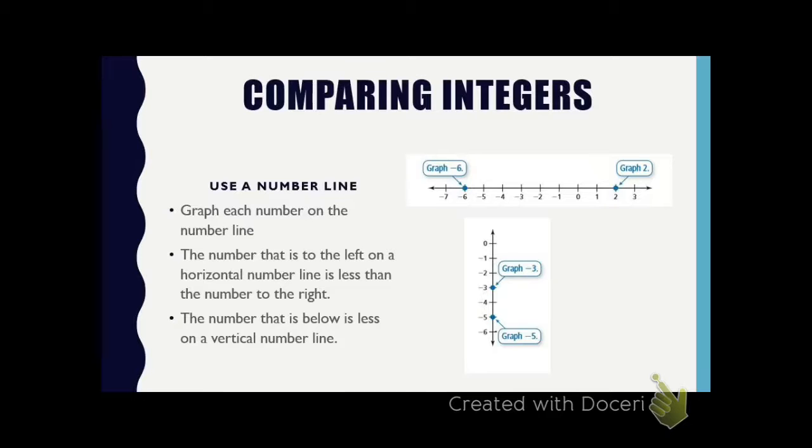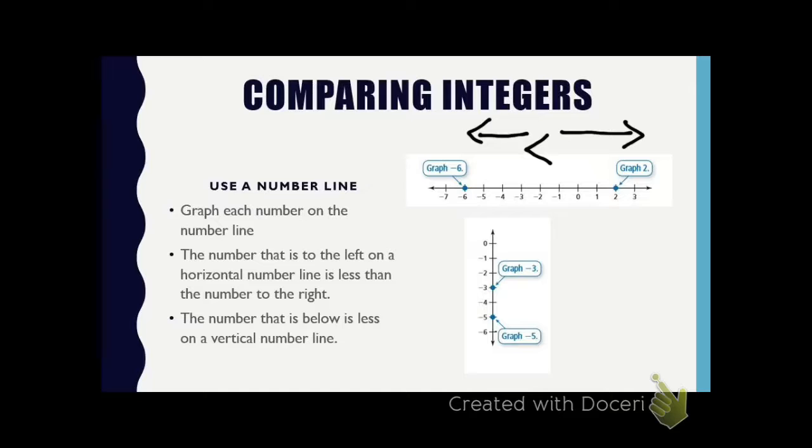So they put the 2 on the number line and they mark the -6. Well, if you remember, the further left a number is, the less value it has. The further right a number is, the greater it is. So -6 is less than 2.